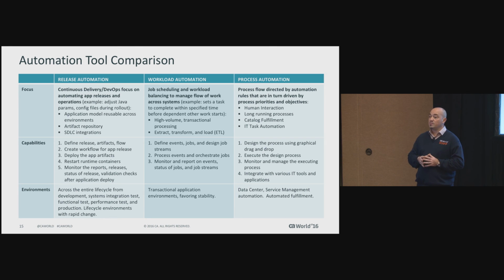Same thing with process automation. Process automation is very good. There are very good tools out there. CA process automation tool is one. Microsoft has a tool. BMC has a tool. They're very good at managing service management processes and providing human interaction with a process, providing a form or an email interface into an automated process. But again, they lack a repository for storing artifacts.